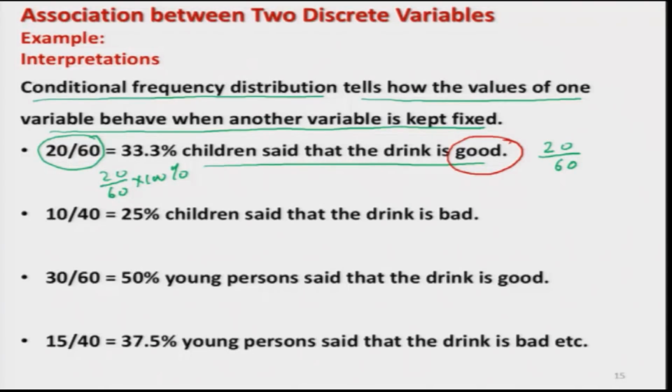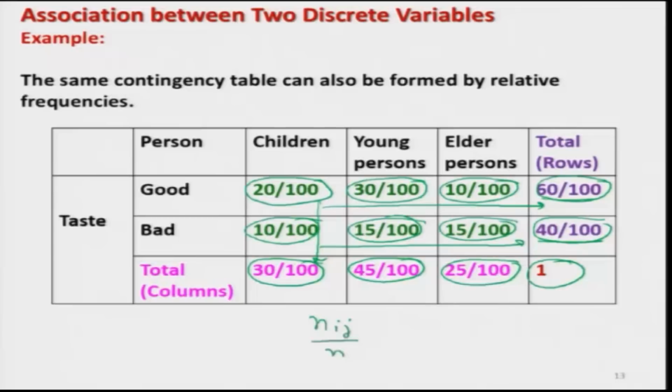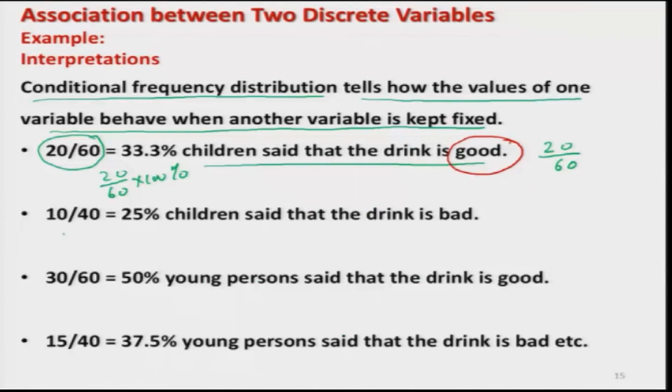Similarly, there is another piece of information: how many children said that the drink is bad. For that I take the information on bad, where the frequency is 10 and the marginal frequency is 40. So, I take 10 upon 40, which is equivalent to 25% of the children said that the drink is bad.